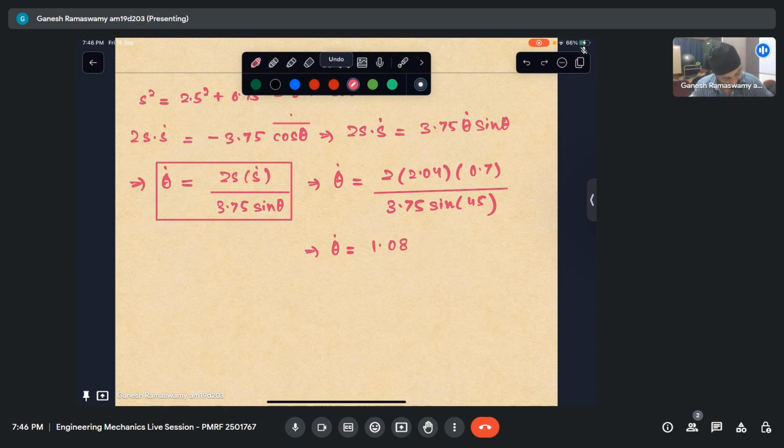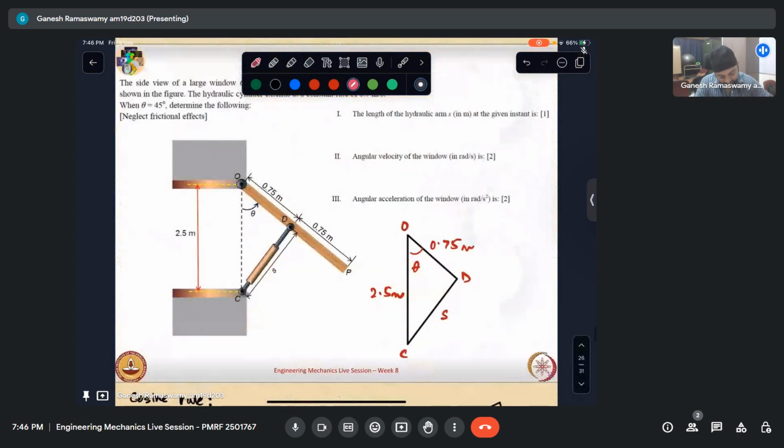And this is coming out to be positive. So what does that mean? Since this is the measure of s, and this is the measure of theta, as s increases, theta also increases. So with s increasing with a velocity of s dot, theta also increases. But can we say the same thing about acceleration is a question to be answered.